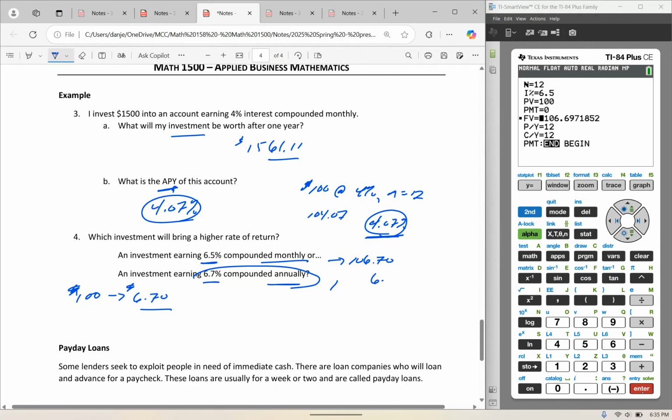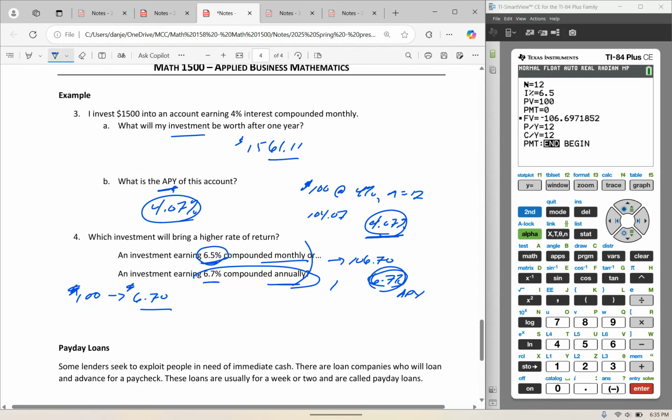That would be 6.7% APY. So even though my interest rate is 6.5%, my annual yield is 6.7% because of the monthly compounding. So actually, these two investments are worth the same.